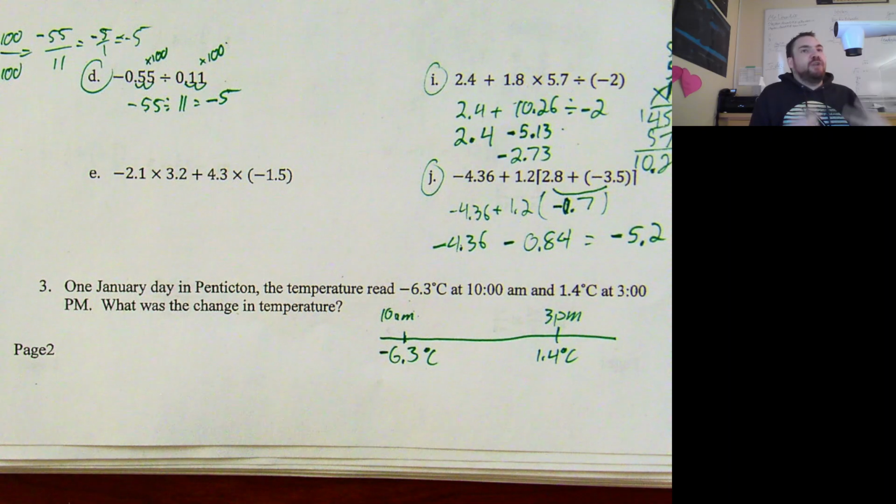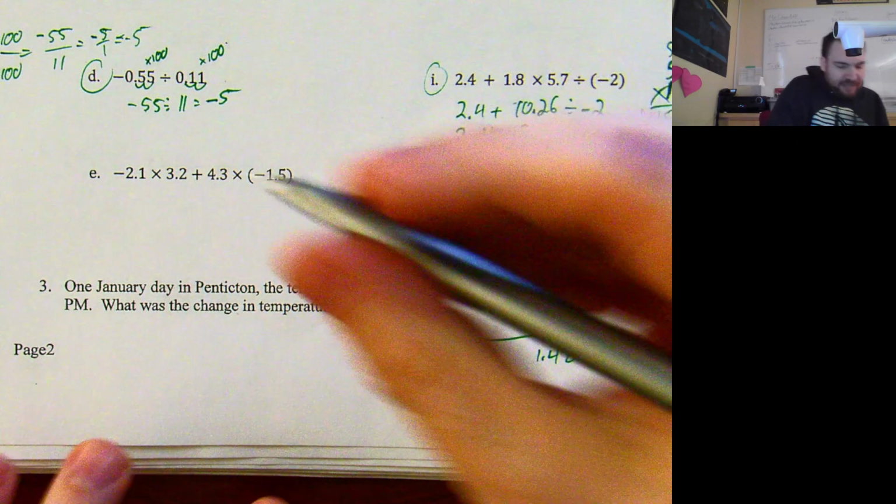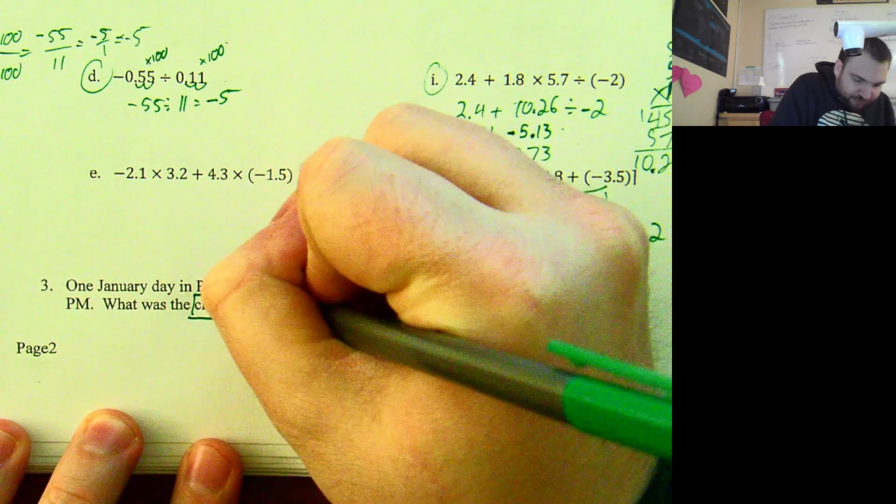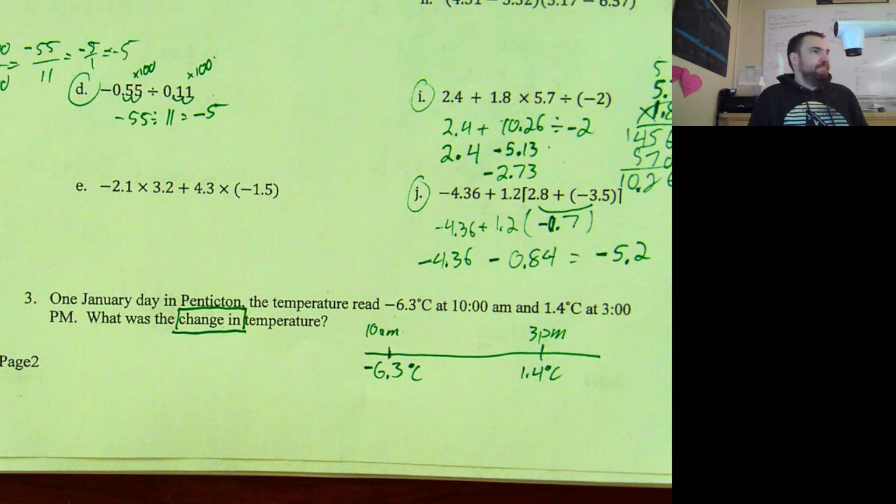Here is a general rule that I'm going to present to you. I want you to put a box around "change in." Change in is something that you're going to see time and time again. It'll show up in science class, primarily chemistry and physics.